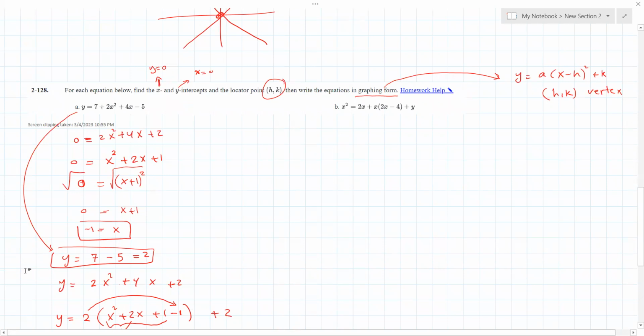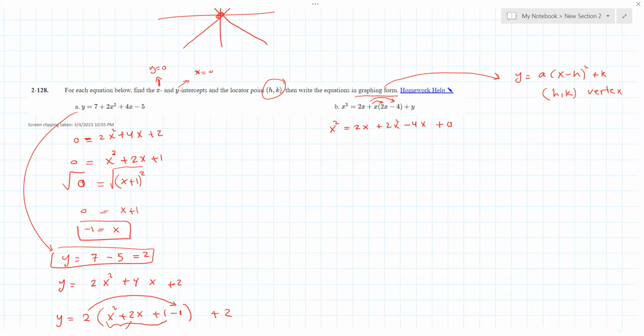For the second one, we do the same thing. First, I will replace y with 0 to find the x-intercept. So we get x squared plus 2x, and here this x has to be distributed. So we get 2x squared minus 4x.